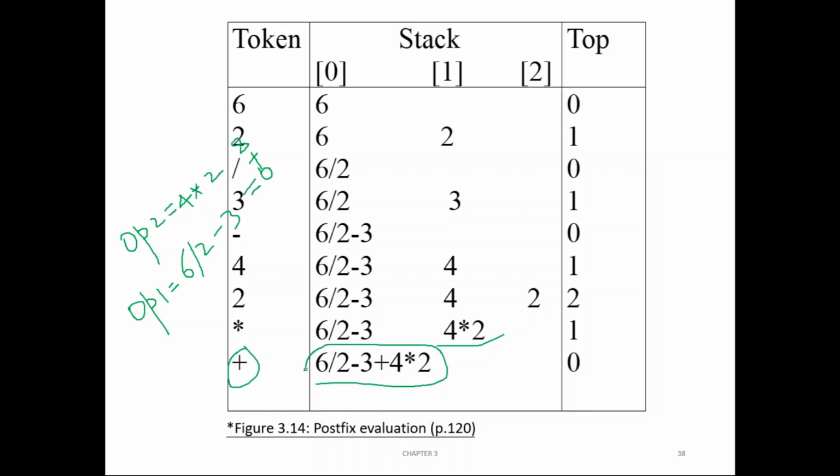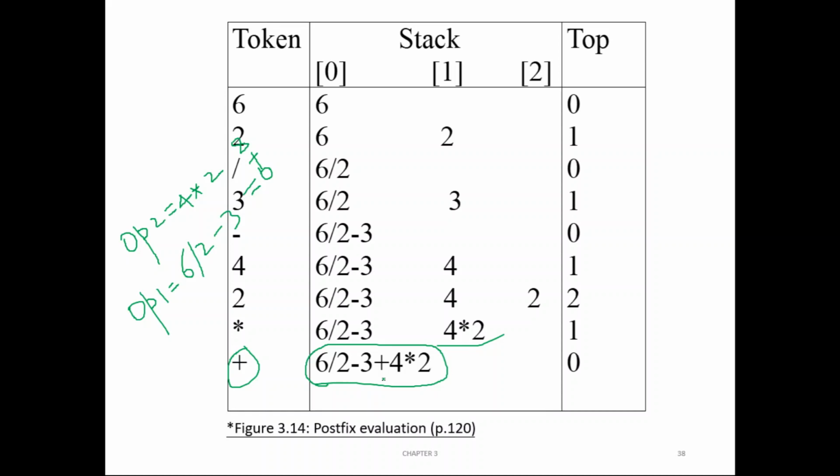Now finally the result is available in the top of the stack. So using a stack we can easily evaluate any expression if the expression is in postfix notation. What you have to do is read the expression character by character, left to right, token by token. Check whether it is an operand or an operator.